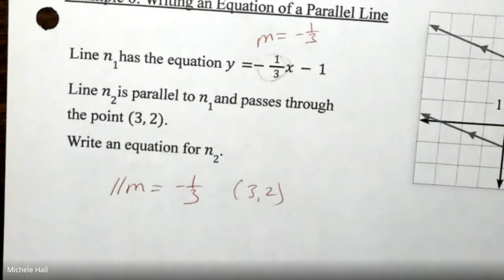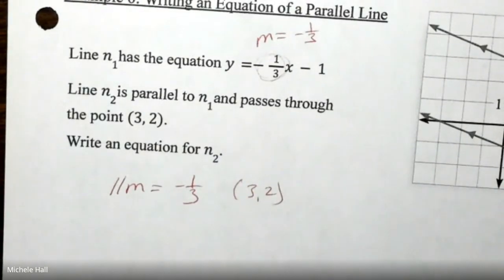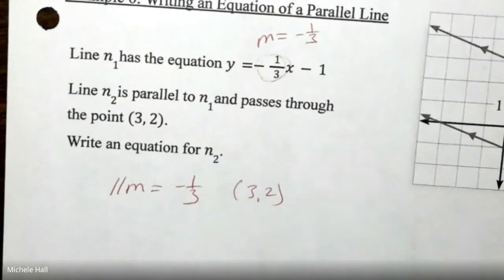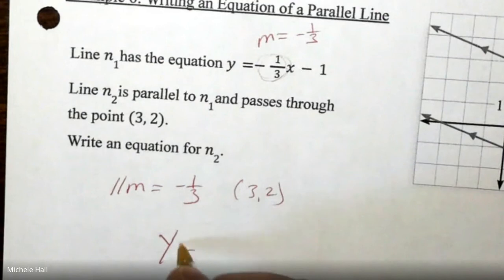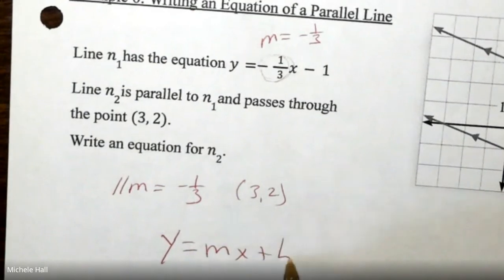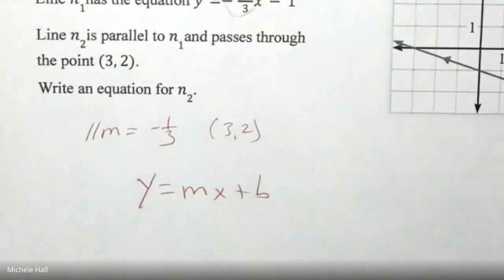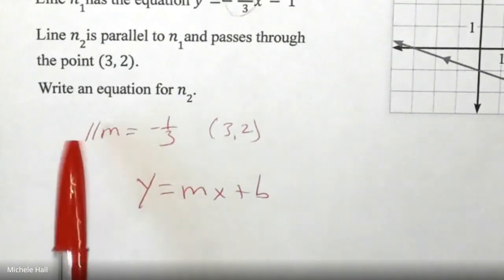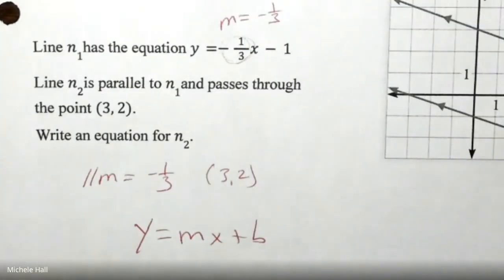It needs to go through 3, 2, and it has to have the same slope. So we have everything that we just did on the last problem. I need to write an equation. I have 4 variables, and I need to get it down to 1 variable. Go ahead and substitute in our given information. Let's see if you can set up your equation.